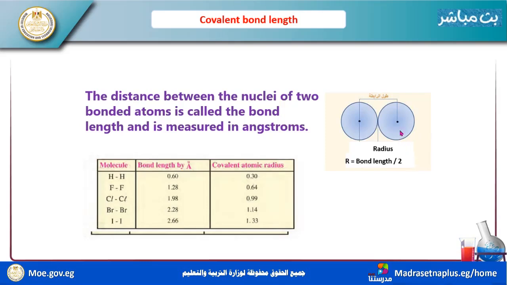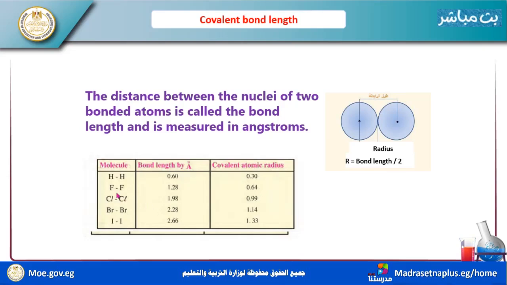Bond length divided by 2 equals the atomic radius of each one. We have this example in this table: hydrogen, bond length equal to 0.6, so radius equal to 0.3.